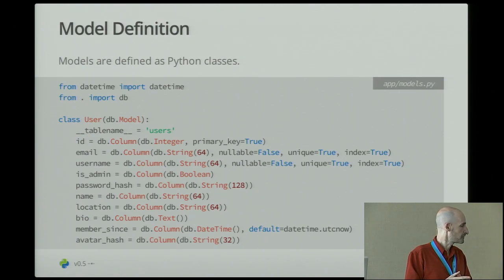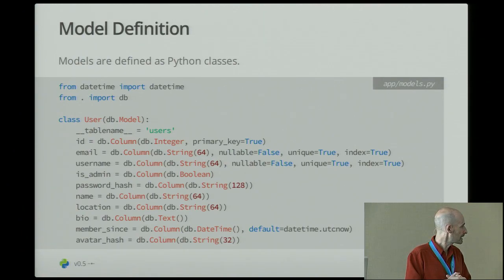Then profile stuff, which the users can fill out about themselves: name, location, and biography. Date of registration, member since, and then the avatar hash, which I'm going to explain in a little bit.